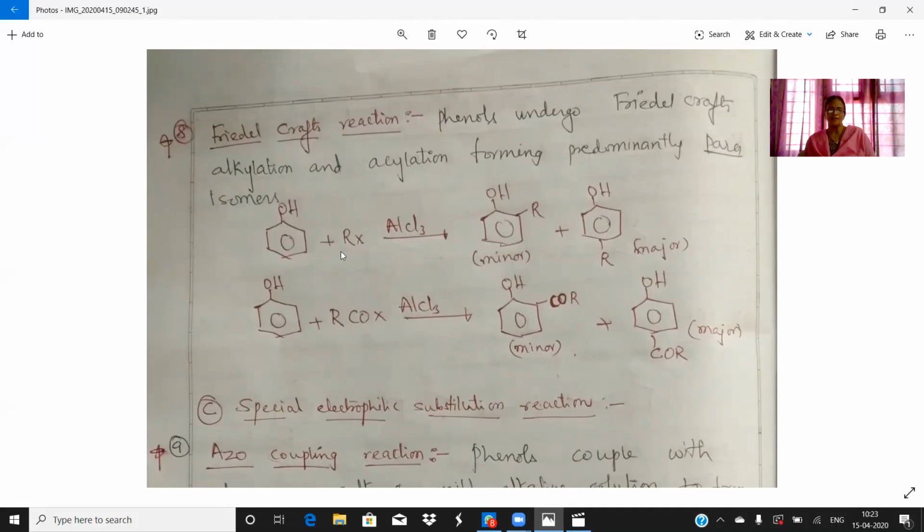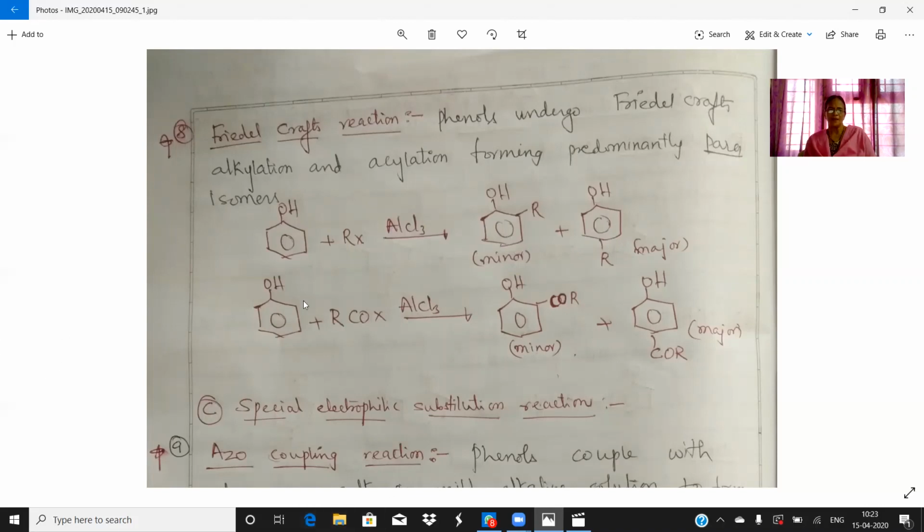Here, the phenol is treated with RX, that is alkyl halide, in the presence of a Lewis acid like AlCl3. Then we get the ortho substituted product and para substituted product, where para is obtained as the major product and ortho as the minor product.